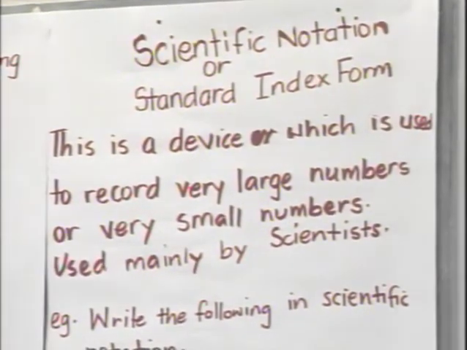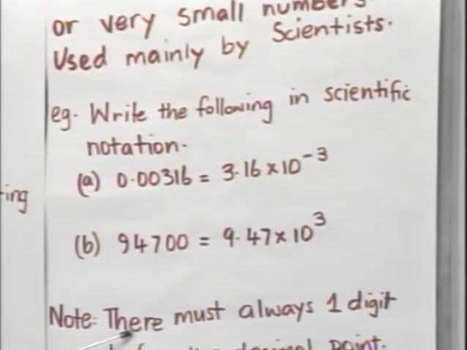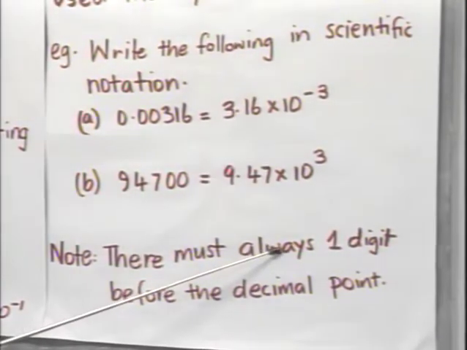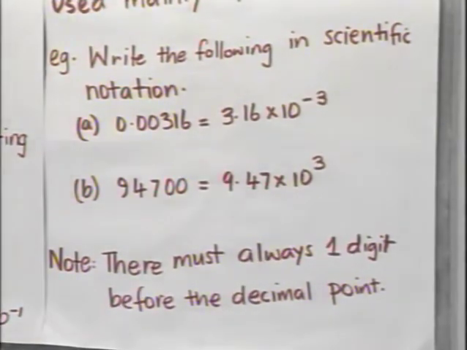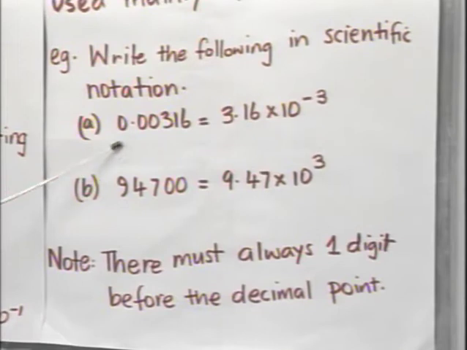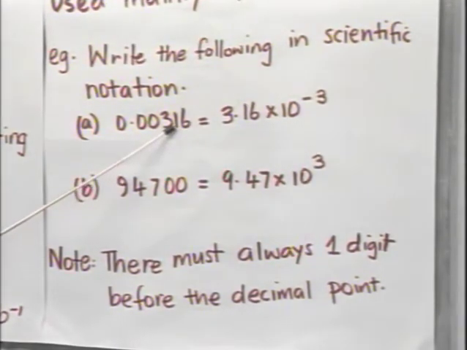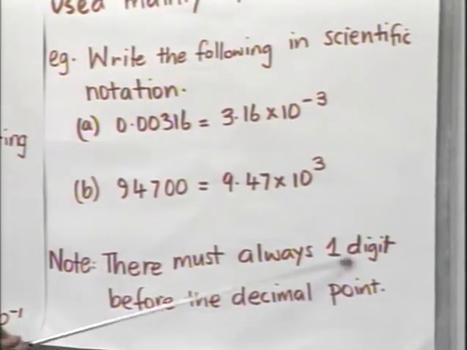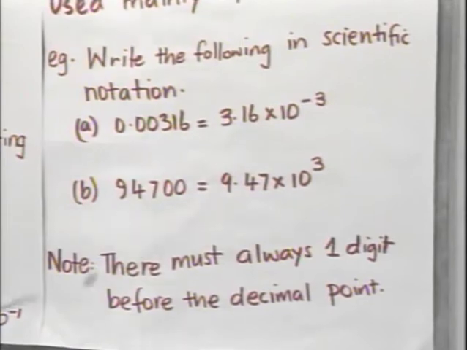Okay, example, write the following in scientific notation. The rule is there must always be 1 digit, not 2 digits, 1 digit before the decimal point. So for this number, 0.00316, the decimal point must go after 3 because that's a digit that must be greater than 0, not 0.